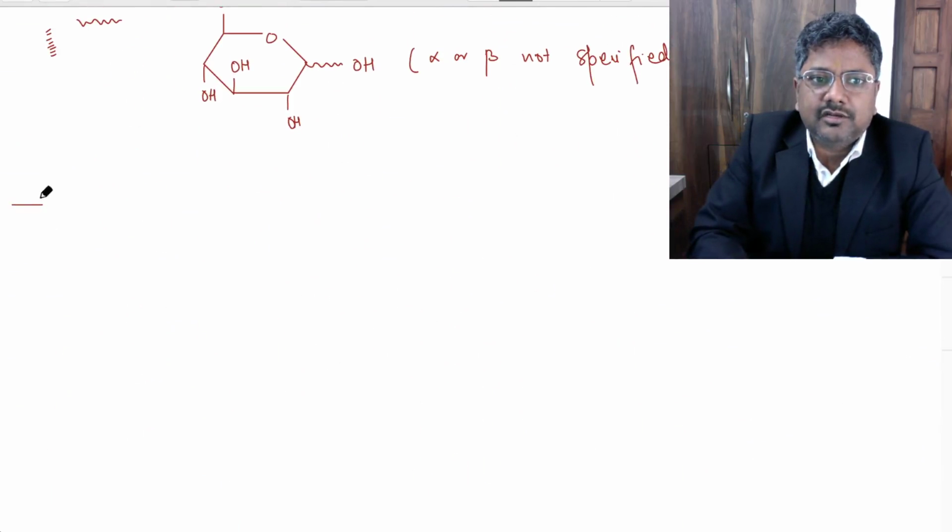Now see, if you want to draw the structure of mannose, then all of you know that mannose is the 2-epimer of glucose.